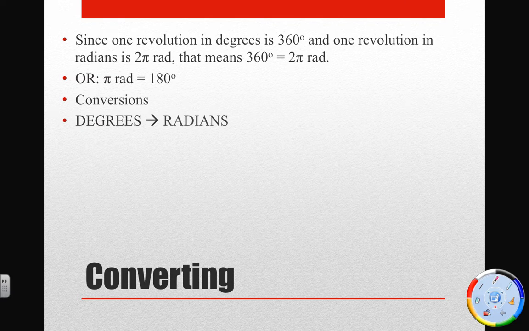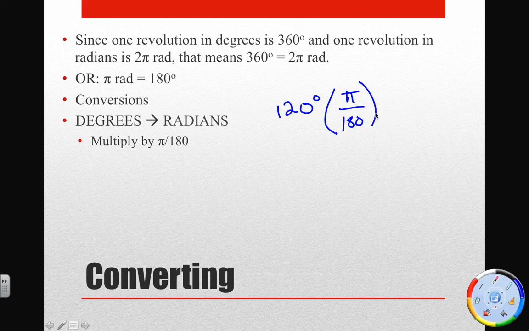If you were to go from degrees to radians, let's say I wanted you to change 120 degrees into radians. I would have to multiply by pi over 180. Now, pi, for the most part, is going to be left alone. Don't multiply this in your calculator, because a lot of these numbers are going to come out and simplify nicely.